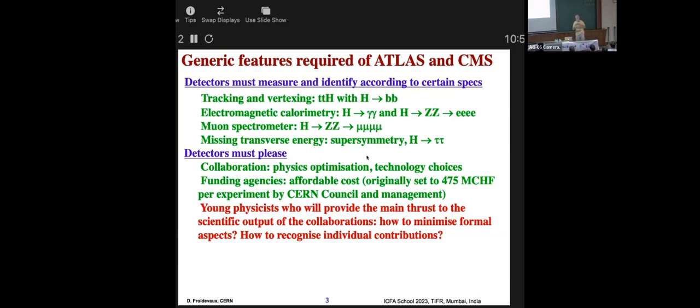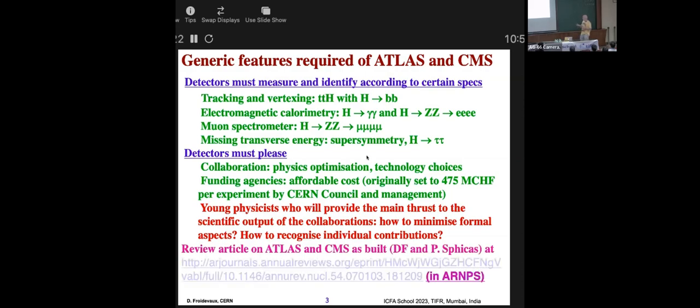This is, of course, an ongoing problem, which is very difficult to solve, and there's a lot of effort put in all the collaborations to answer these questions. If you're interested in reading something about it, Govinda mentioned it, with Paris Sphicas from CMS, we wrote an article some years ago, presenting what Atlas and CMS were before data taking, where a lot of this is discussed.